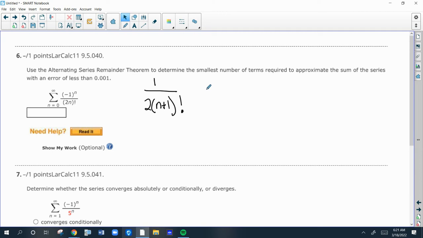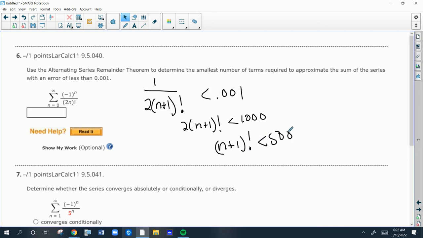And we need to make sure that's less than 0.001. I'll do the same thing. I'll flip both sides. I'll divide by 2.